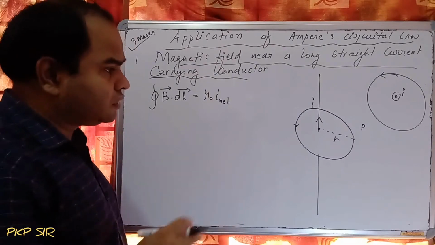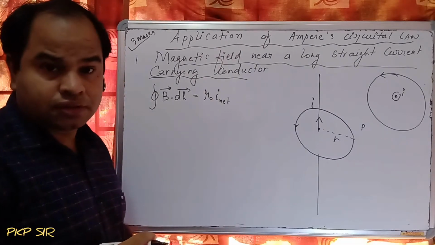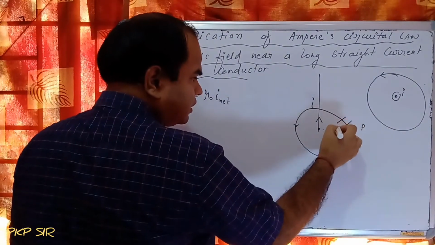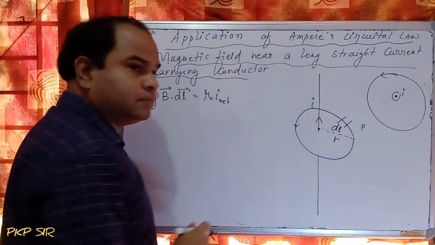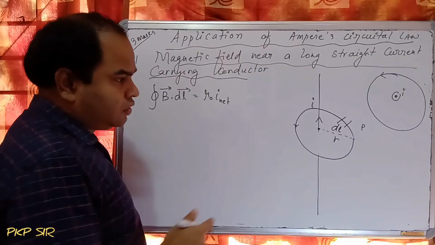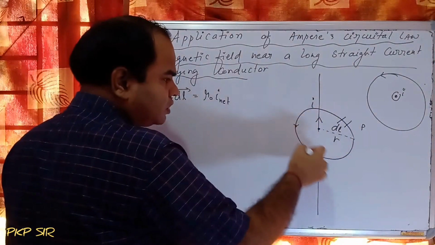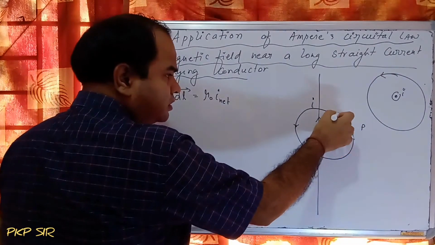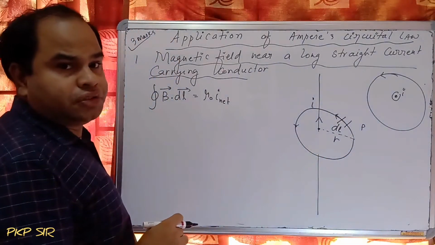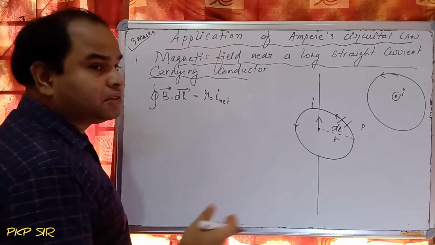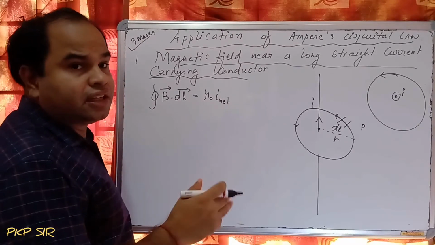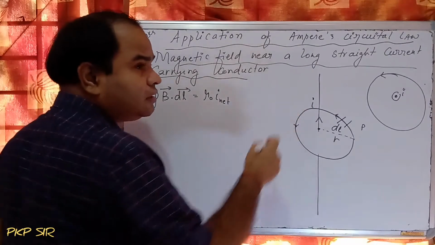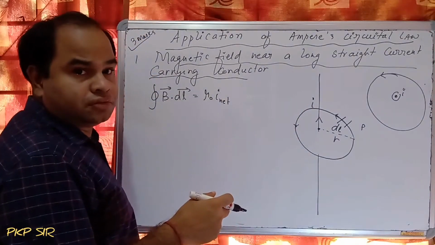For using this Ampere's circuital law, let us consider a small length dl. Since the circulation is anti-clockwise, the direction of this dl is along this direction, and let us assume the magnetic field produced by this current carrying conductor is in anti-clockwise direction.